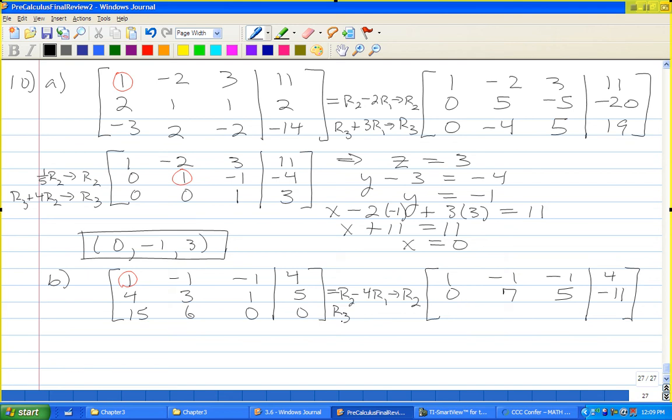Let's take row 3, subtract 15 times row 1, to give me a new row 3. 15 minus 15 is 0. 15 plus 6 is 21. 15 plus 0 is 15. 15 times 4 is 60, so I have a negative 60.